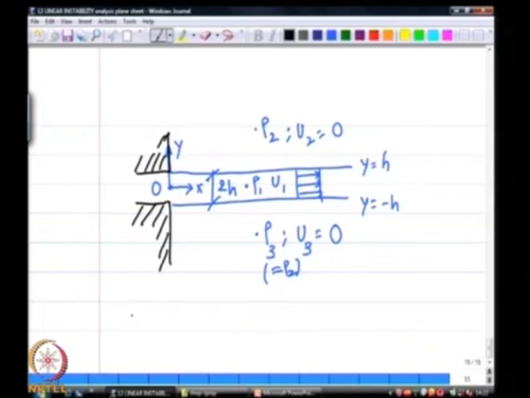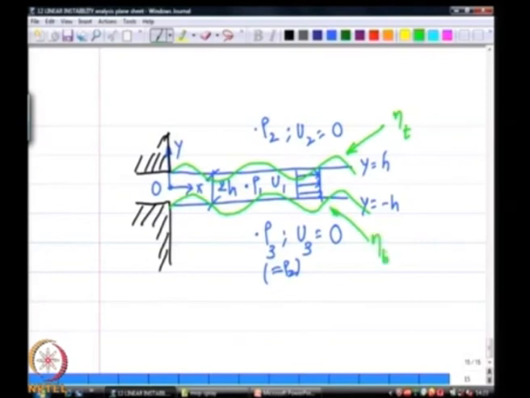I will call the interface on top eta top and the one on the bottom eta bottom.